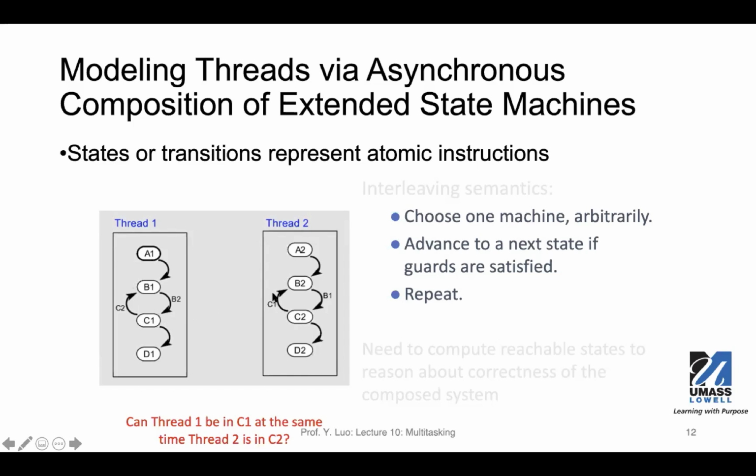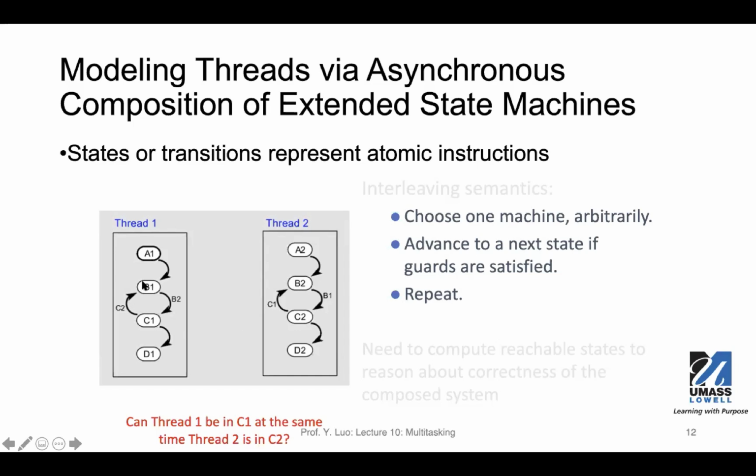So you take this transition and migrate to B2. And also, thread 1 will see at that moment that C2 is true, so this guard is satisfied.